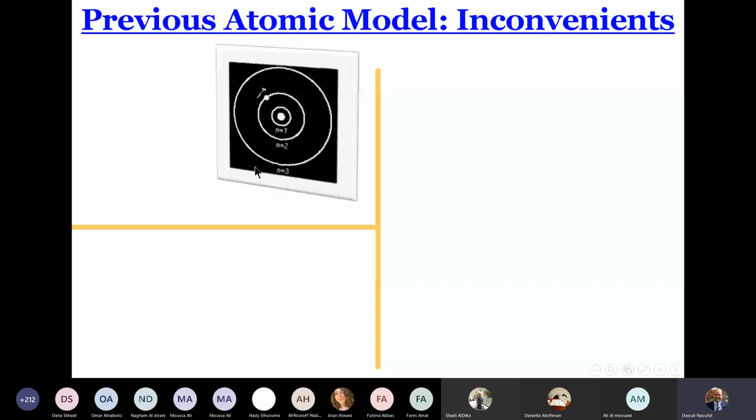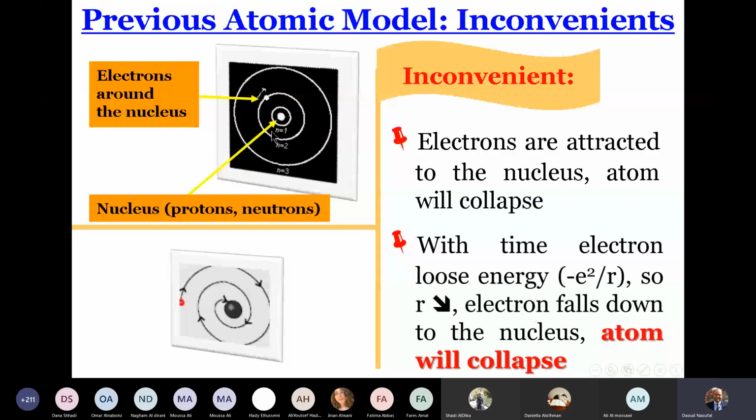And also, you know, in the modern physics that any particle in motion around a center, and this particle is attracted by the center, so this particle during its motion will lose energy.